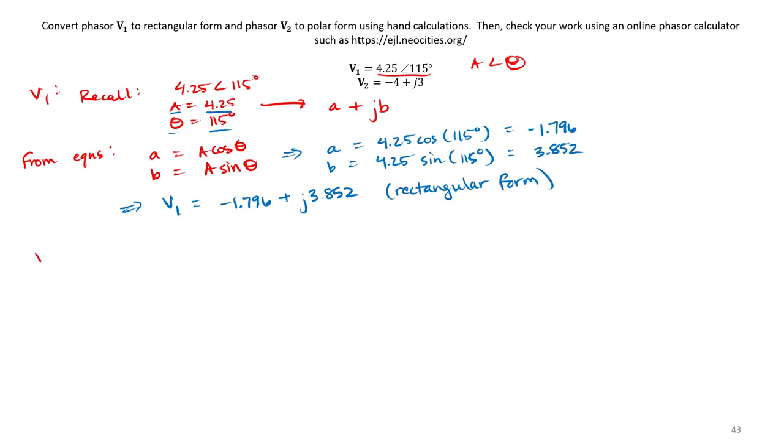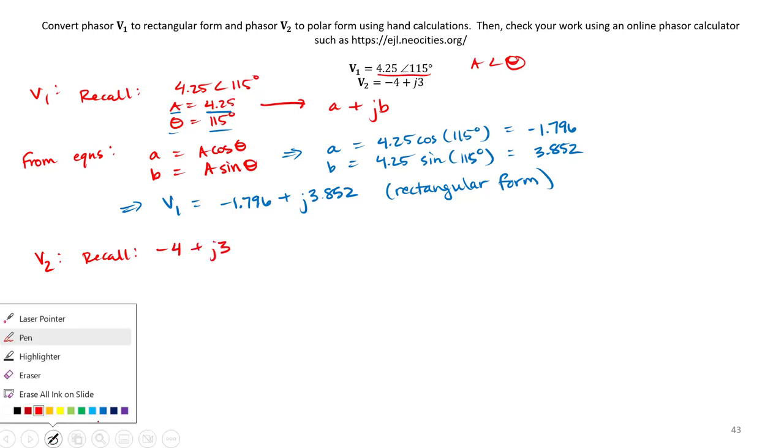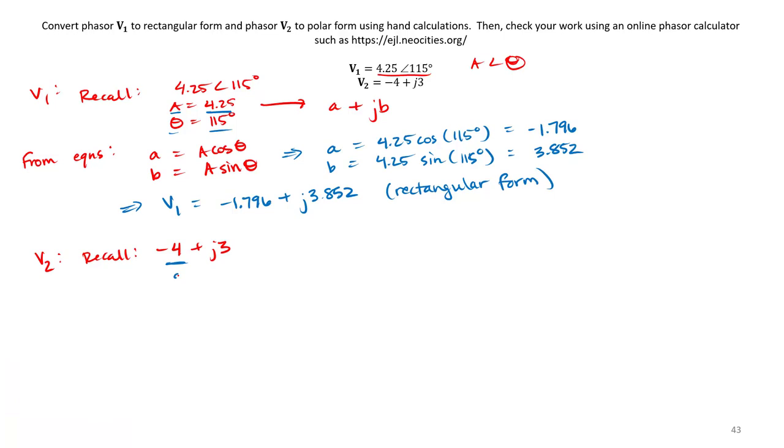Let's now try V2. So V2, we know that V2 is negative 4 plus j3. So in this case, negative 4 is our A term, and B is 3.